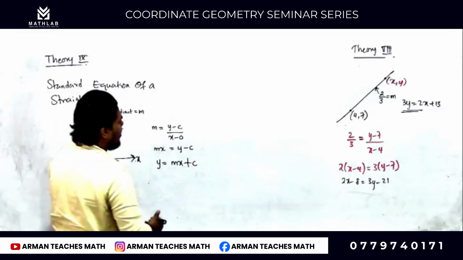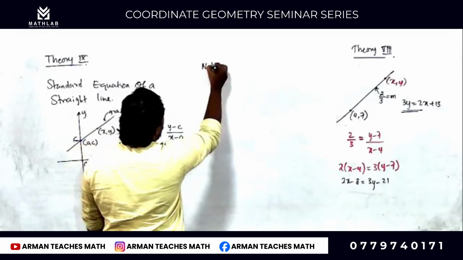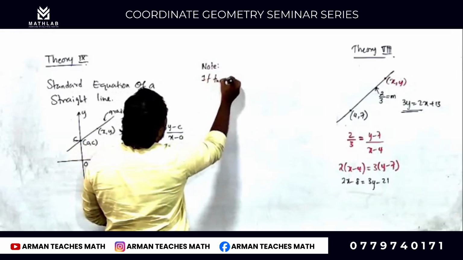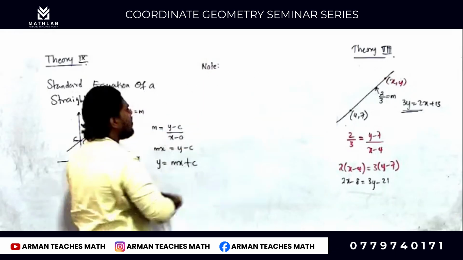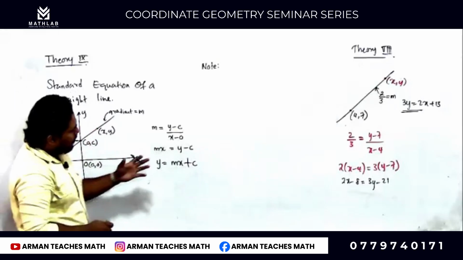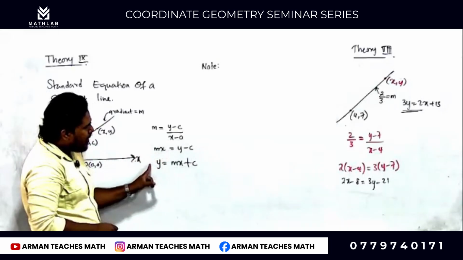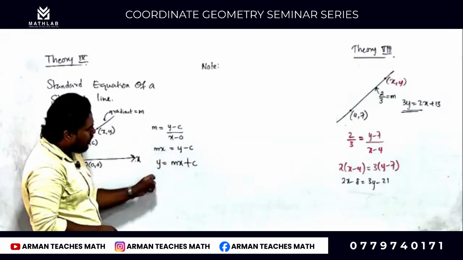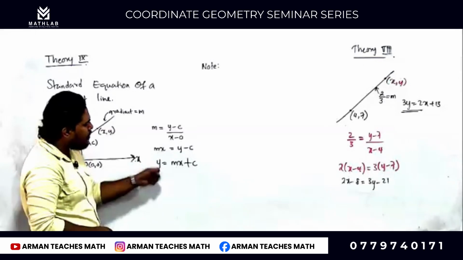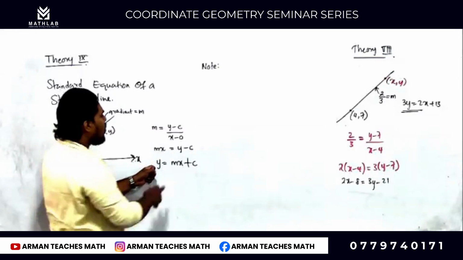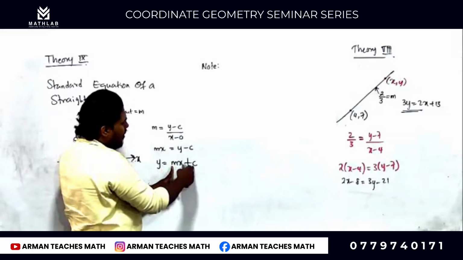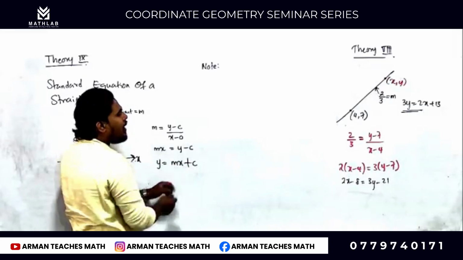Now note: if the coefficient of the y term is plus 1, where y is the dependent variable, then the coefficient of the x term gives you the gradient of the straight line, and this constant gives you the y-intercept.